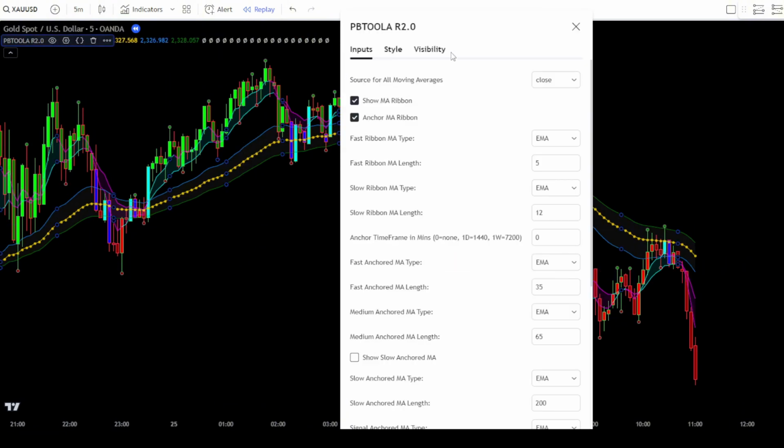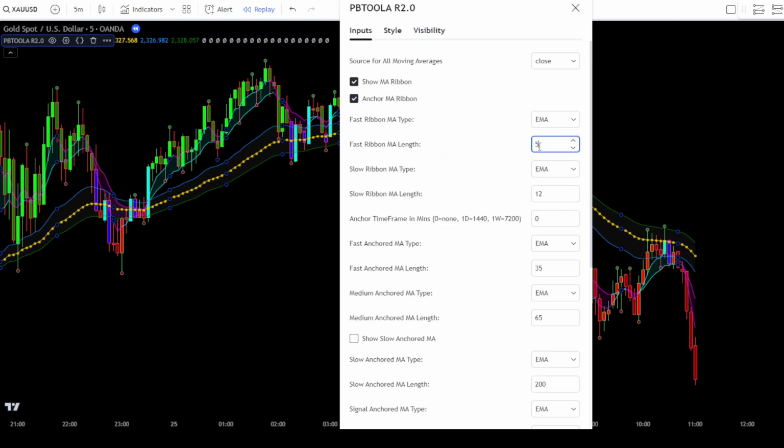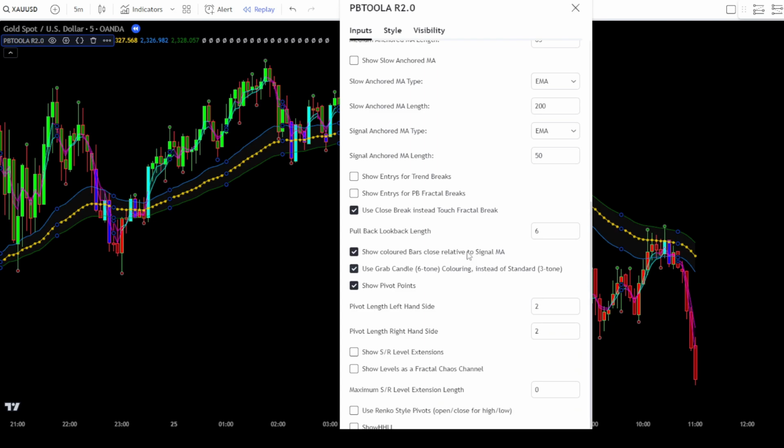In the Input tab, change the fast ribbon MA length value to 3. Then, also change the slow ribbon MA length value to 5. After that, you can enable the checkmark for Show SR Levels extension.